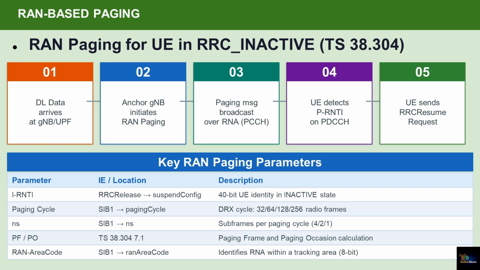We can see the 40-bit UE identity in inactive state, and the paging cycle, which is in SIB1. The DRX cycle will be 32, 64, 128, or 256 radio frames, and the number of paging subframes per paging cycle, Ns, is in SIB1. There are paging frame and paging occasion calculations, and the RAN area code, which is in SIB1, identifies the RNA within a tracking area. In the coming slides we can discuss the RNA.